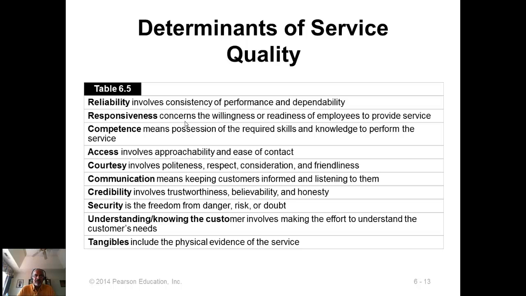Target had a major problem last Christmas season with losing millions of credit card data. Understanding the customer means knowing what the customer needs and being able to meet those needs. There are always tangible aspects of service, and the tangibles include the physical evidence of service.